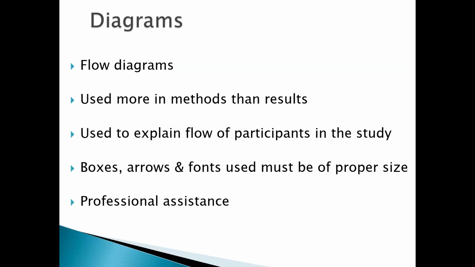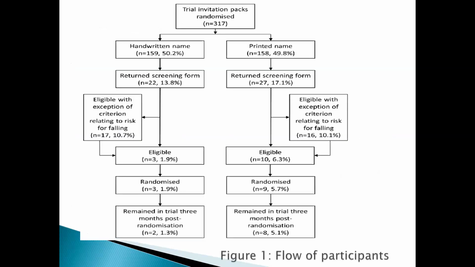If required, you can always get professional assistance to make those flow diagrams so that they look neat and clean. So this is one example of a flow diagram, very commonly used, as I said, to explain the flow of participants. So make sure that the boxes, arrows, all that are equal in shape, so it is easy for the reader to compare and understand what the entire figure is about.